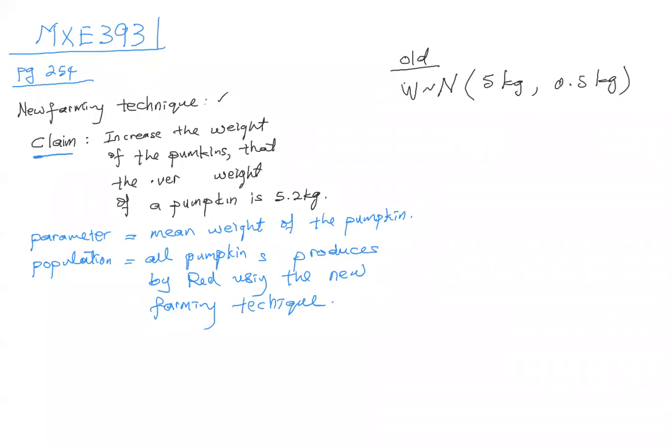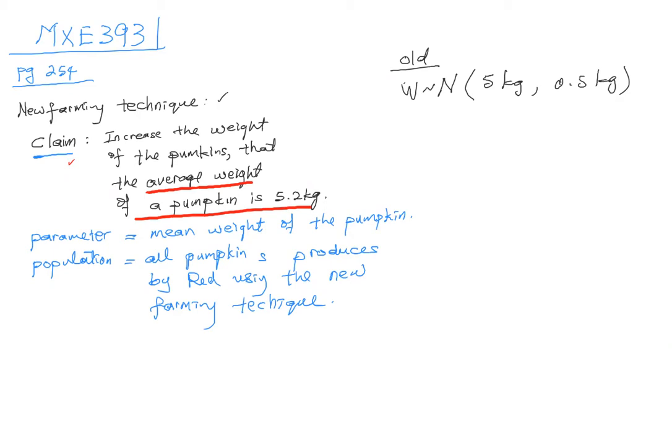You are trying to prove the average weight of the pumpkin. So every time you make a claim, you have to know what the parameter and what the population in the claim are. Clear?